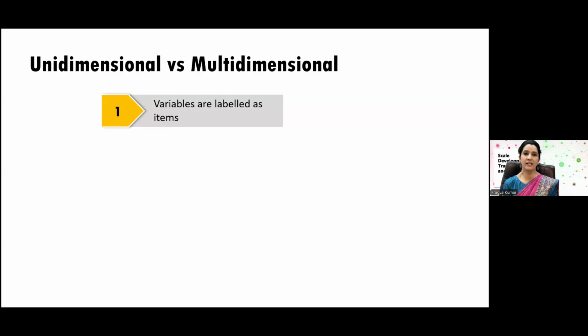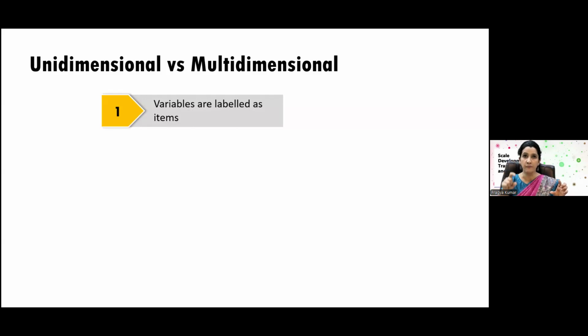And then coming to unidimensional versus multidimensional. Unidimensional, you have seen the scale of GHQ12. That was unidimensional. If the scale is multidimensional, because there are multiple factors, like in the case of the WHO quality of life, then you need to measure this alpha for all the dimensions separately. Like for WHO QOL BREF, if there are 6 subdomains, there should be 6 Cronbach alphas, one for each domain.